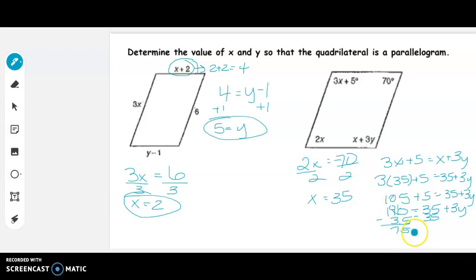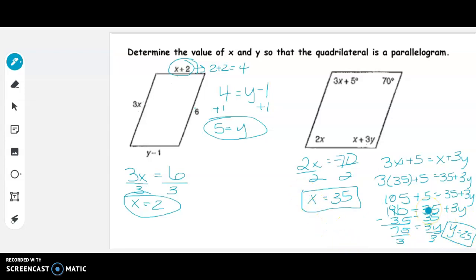And I get 75 equals 3y. Divide by 3, and my y is going to be 25. So that's what y would have to be in order for this to be a parallelogram.